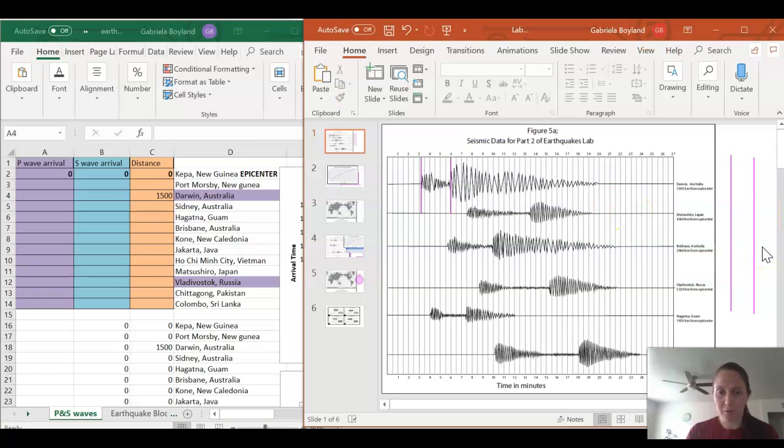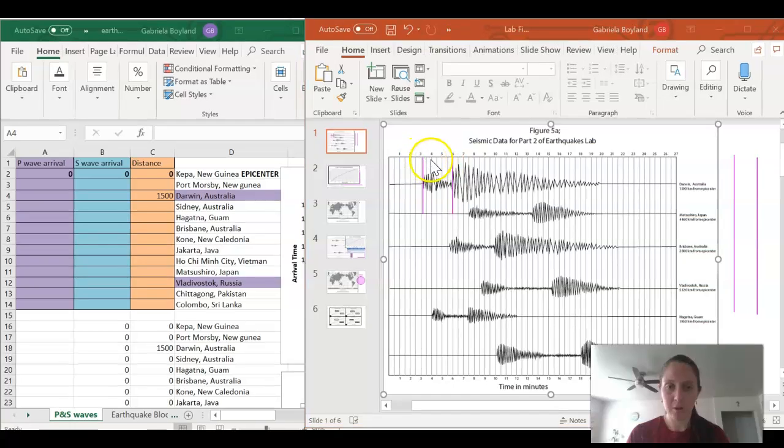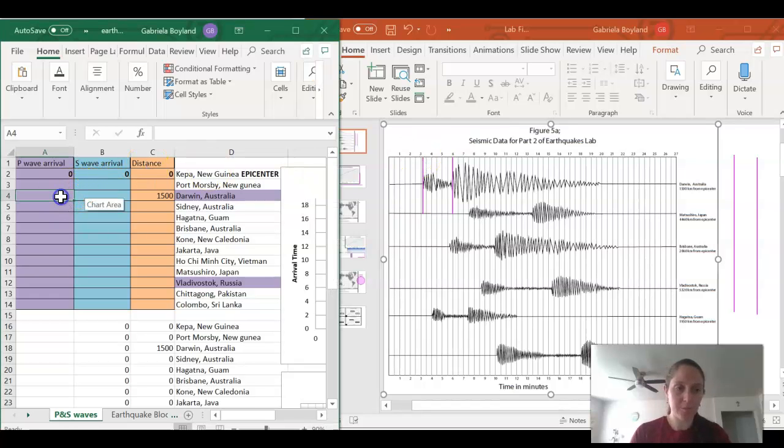Okay, so if you examine where they come, the P wave gets to that location about 3.2 minutes, probably, right? So if this is 3, this is 3.5, and this is 4. The difference right here is about 3.2. So the P wave arrives at about 3.2 minutes. And then the S wave arrives pretty much at 6 minutes.